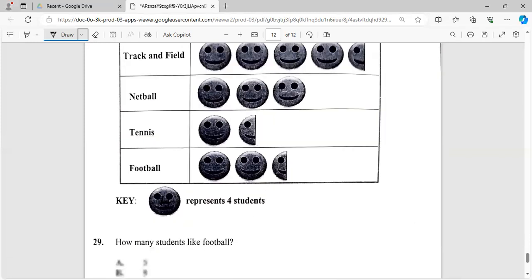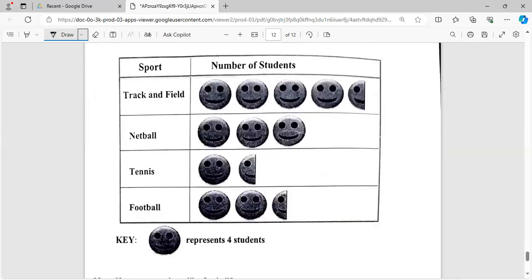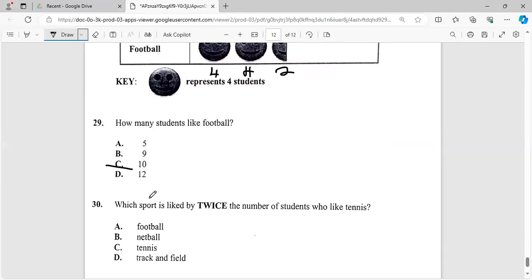Alright, let's go now. How many students like football? Football is the most popular sport, well, not in this case. So we have 4 here, plus another 4, and then we have 2. So I would say 10 persons preferred football. And for 30, which sport is liked by twice the number of students that like tennis?